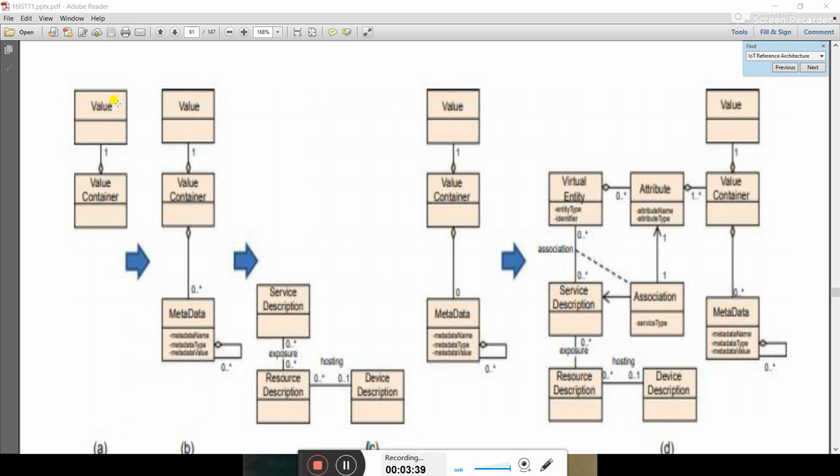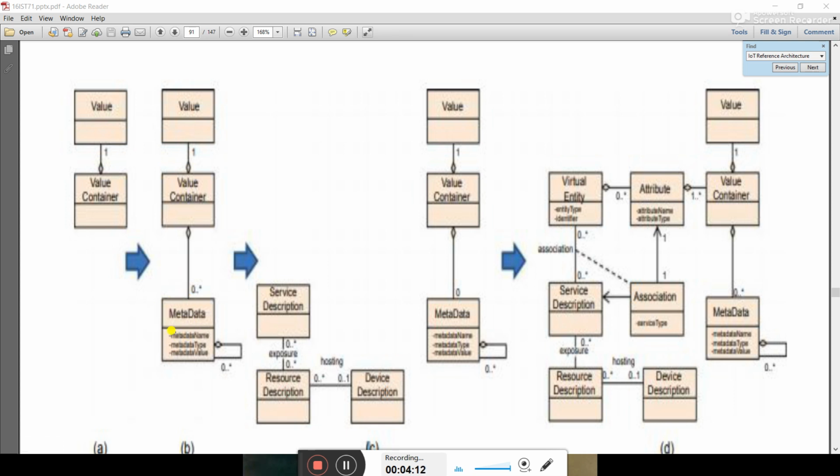There is a value and a value container, and the value container contains the data, and there are many data items of the same type. For example, I have taken the example of gas sensors. We are getting data from everywhere, and it has some value and a value container, and these are all given to the metadata.